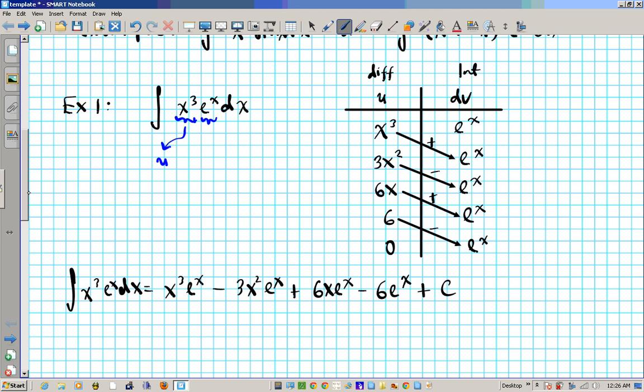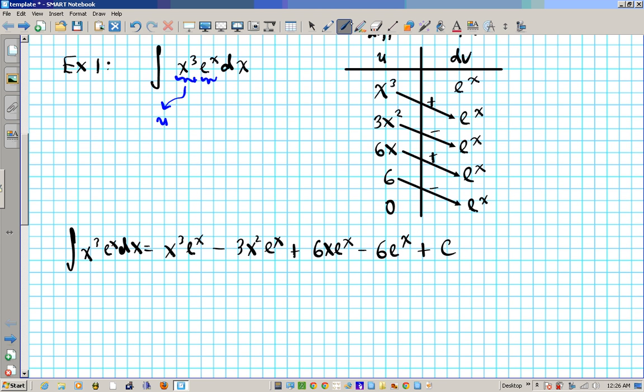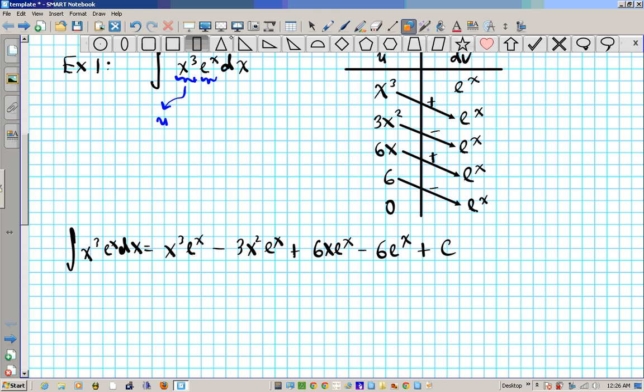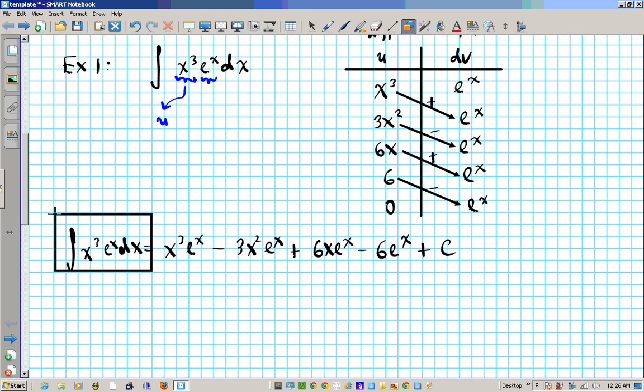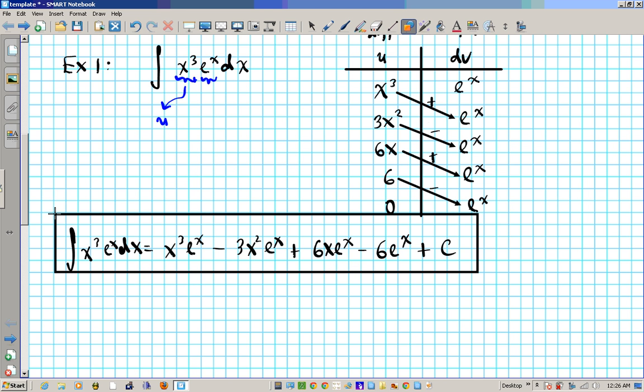So there goes your answer. You see how easy that was? You could do this in a snap, in a fraction of a second. Just set up your table: differentiate, differentiate, differentiate, integrate, integrate, integrate, then draw diagonals going down with plus, minus signs, put them all together, and there goes your final answer.